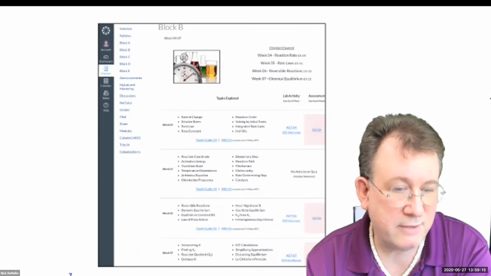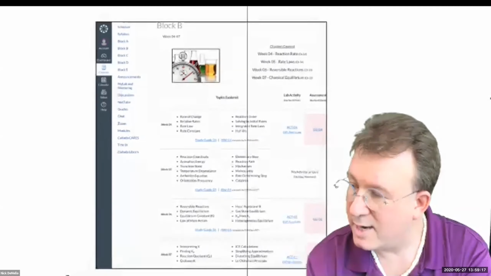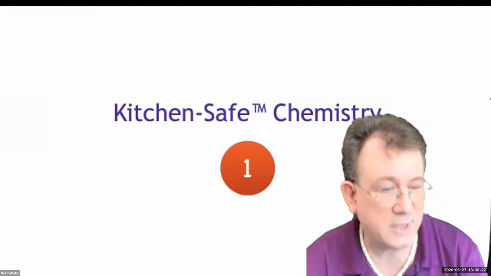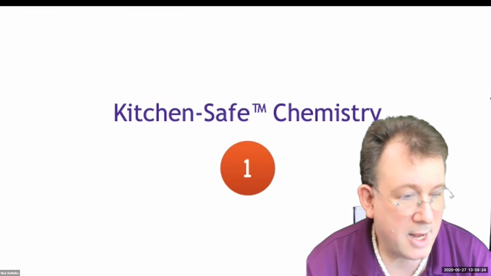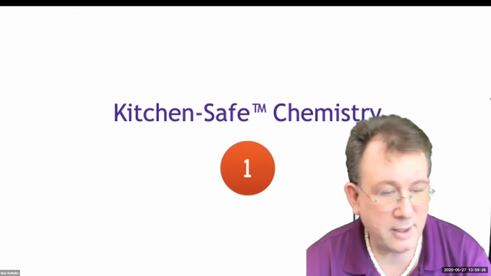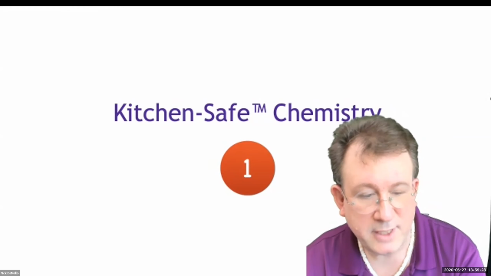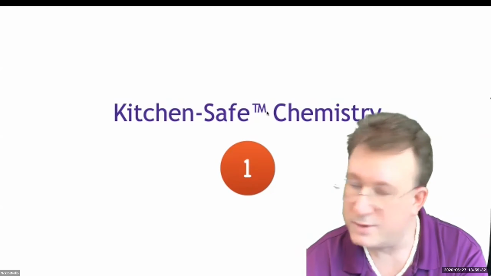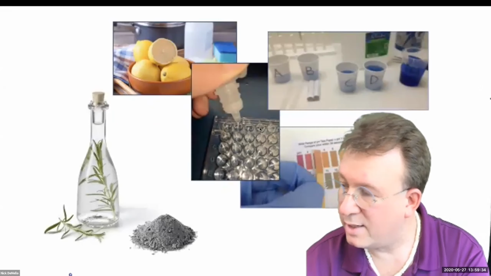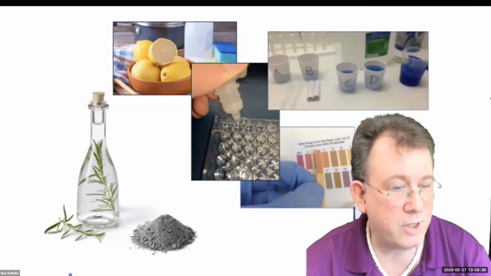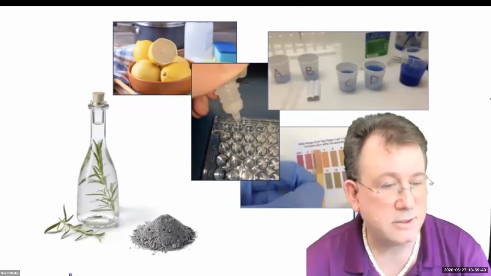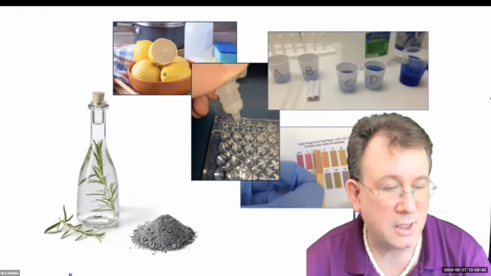The first thing we tried in accomplishing these things was kitchen-safe chemistry. I think a lot of you have done the same thing. What I mean by kitchen-safe chemistry is that the chemistry is all around us. I mean, we tell our students that all the time. We don't necessarily need to use hydrochloric acid and sodium hydroxide to demonstrate acid-base chemistry.